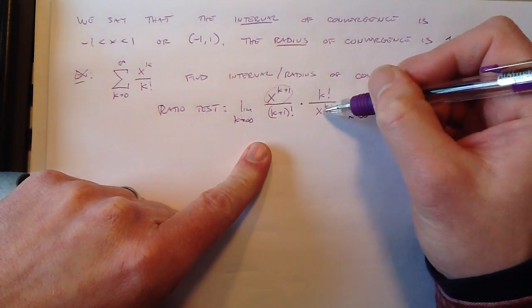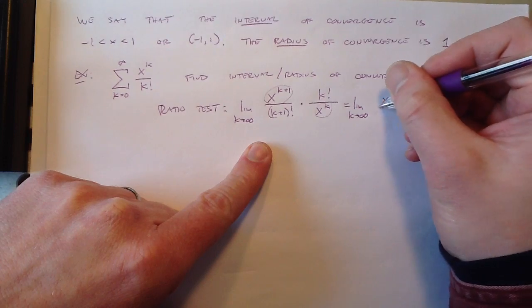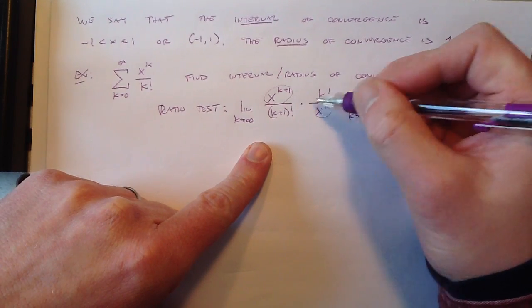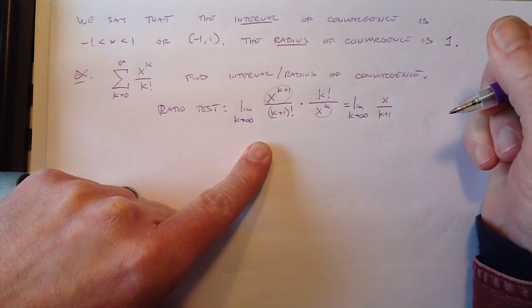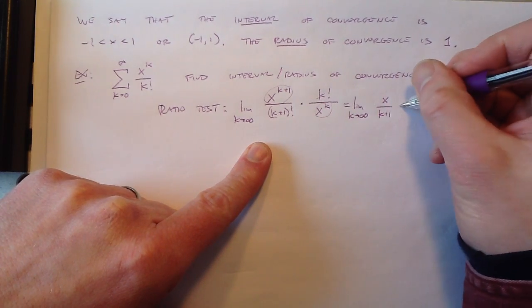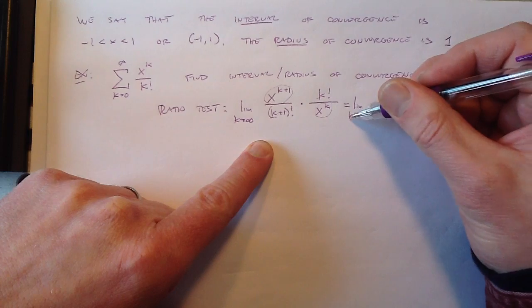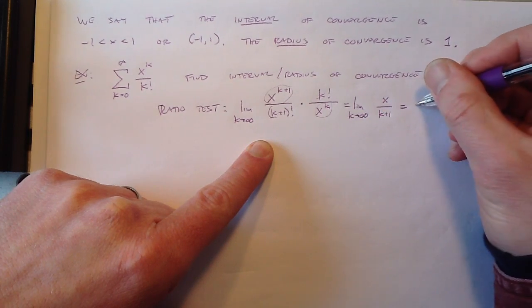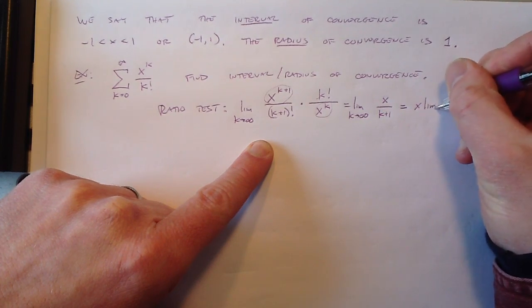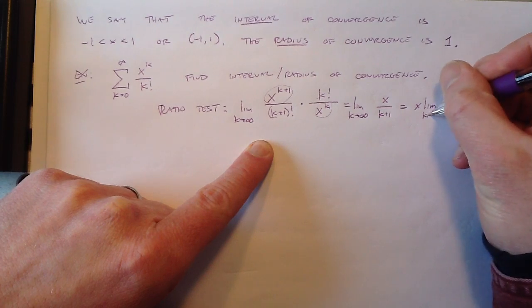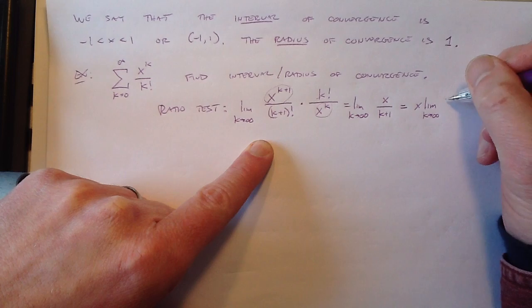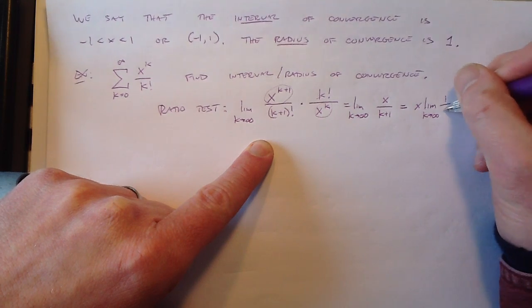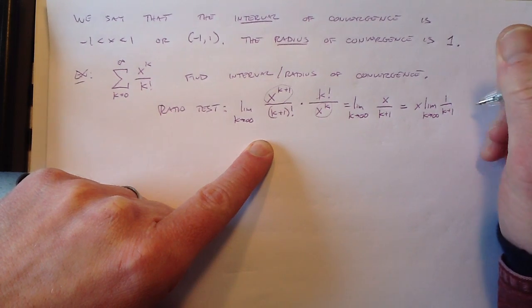X to the k plus 1 over x to the k is x. K factorial over k plus 1 factorial leaves a k plus 1 on the bottom. Now, just as in the last example, k is going to infinity, not x. So x, let's bring that out here. So let's see, that's 1 over k plus 1 left on the inside.